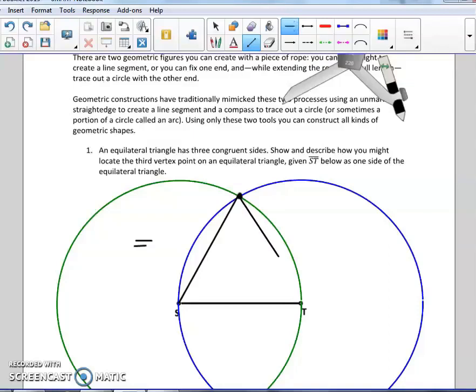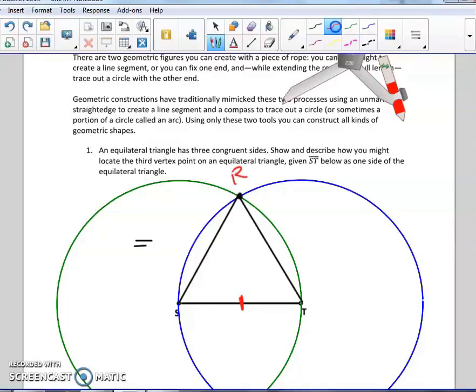Now, we discussed in class why mathematically that is so, because we know that line segment ST is a radius of circle S, so we can mark it with 1 tick mark. We also know that line segment, let's call this SR, is a radius of the same circle, the green circle, so we know that those have to be congruent.